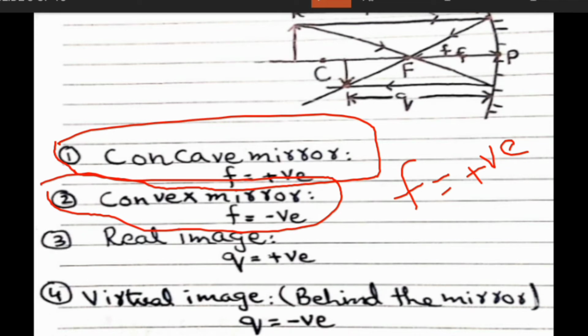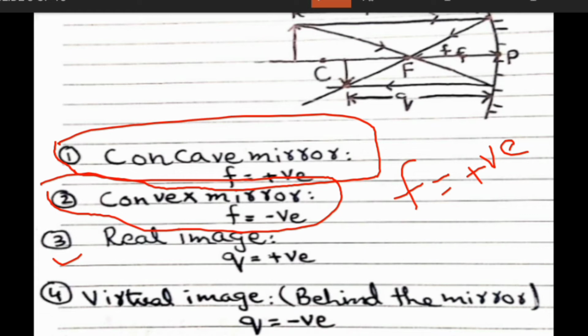Now see the third one. If we find the value of q as positive from the mirror formula, then we will write the nature of the image as real and inverted.